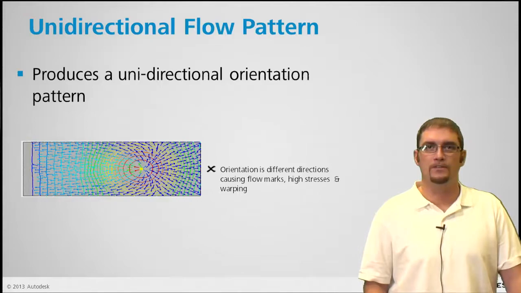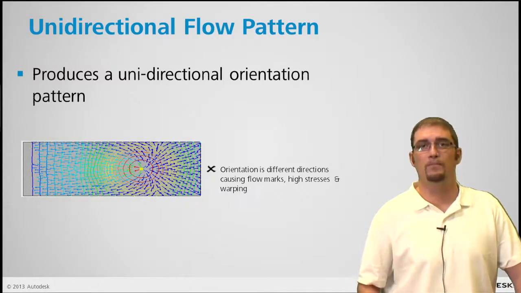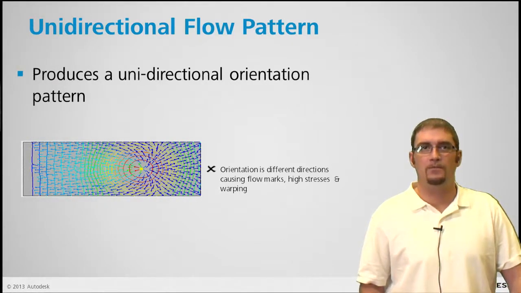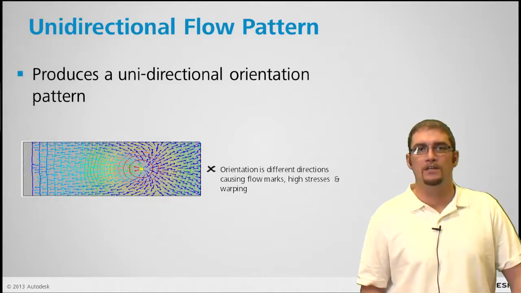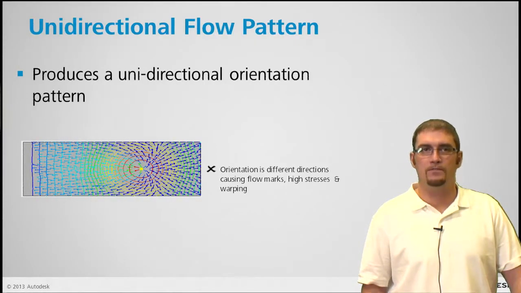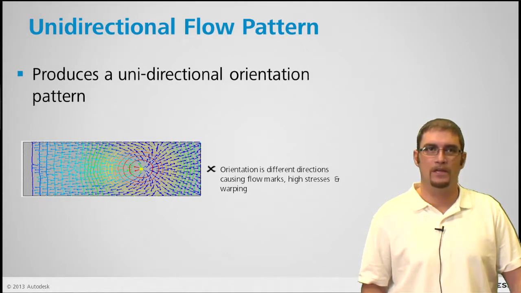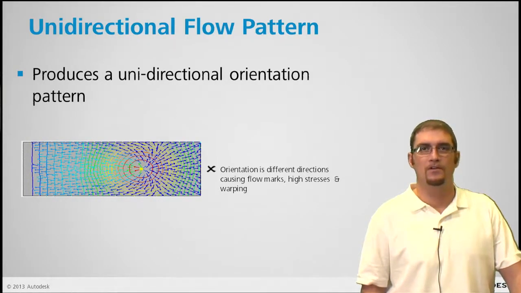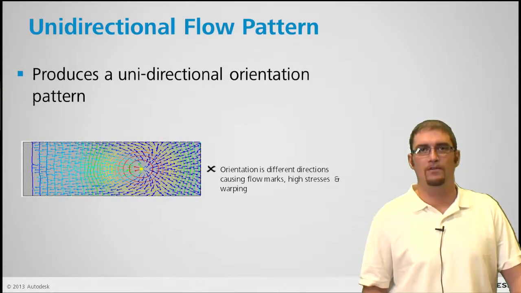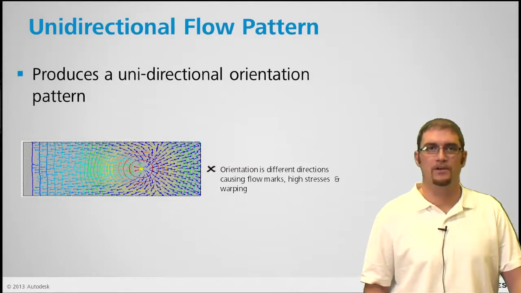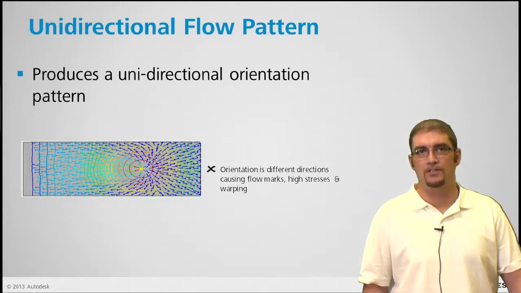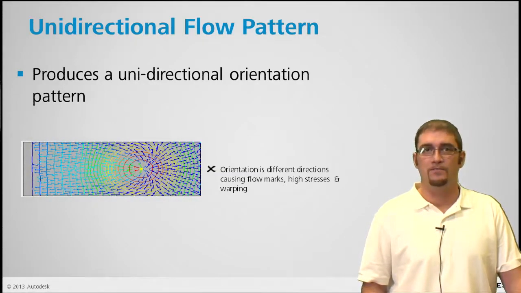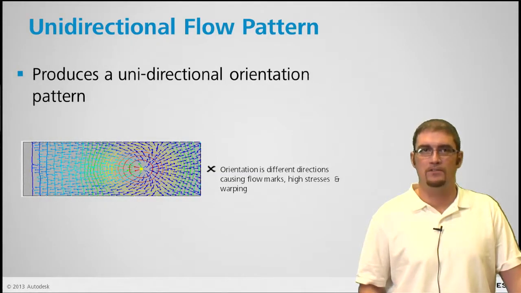So first one is unidirectional flow pattern. Basically what we're looking for is just trying to keep our flow consistent. You can see this first image is we have more of a gate location, a center apart, so we have different flow orientations going on here. So this could cause problems with stresses, deflection, and even some flow marks when you have a situation like this.